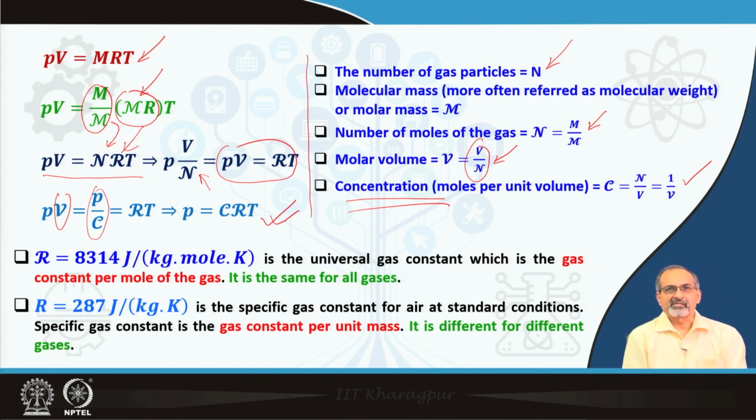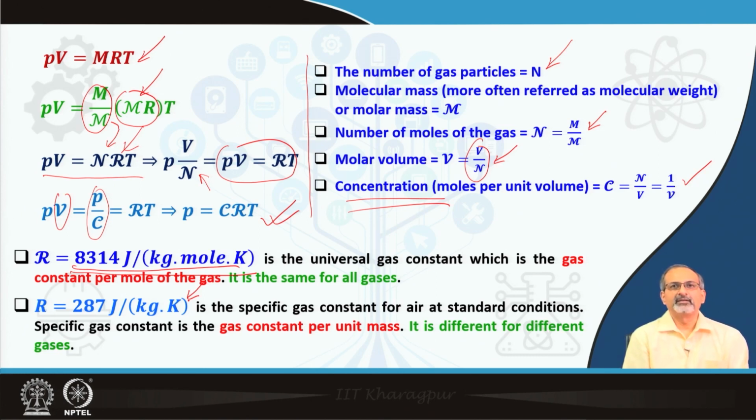Now, the universal gas constant, we have stated it here. It is universal in the sense that it is the same for all gases, and it is the gas constant per mole of the gas, while the specific gas constant is going to change from gas to gas, and for air at standard conditions it is given by this value.